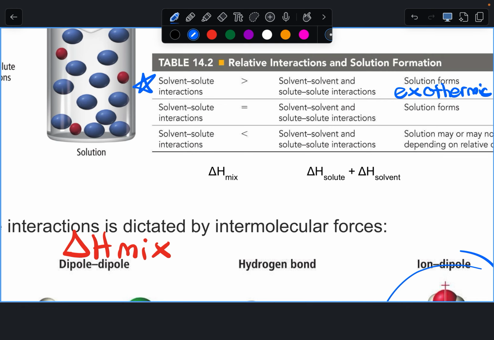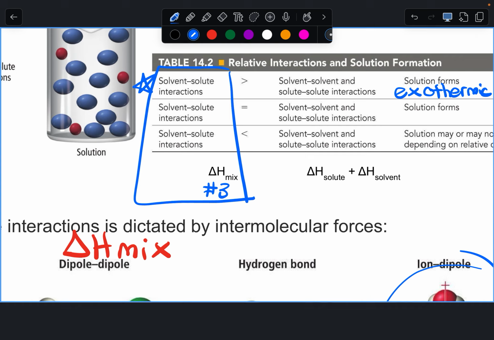The greater than, less than sign is showing that the solvent-solute interaction, step number 3, this is delta H of mixing here, step number 3 is bigger than the first two, okay? So it's telling us it releases more energy than it takes. So that will form a solution.